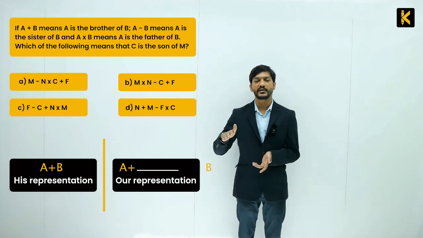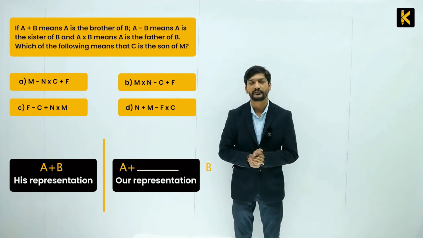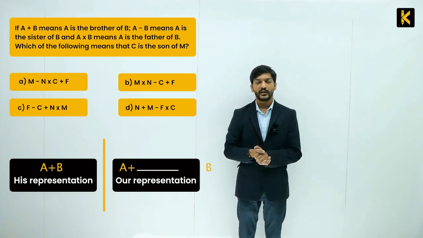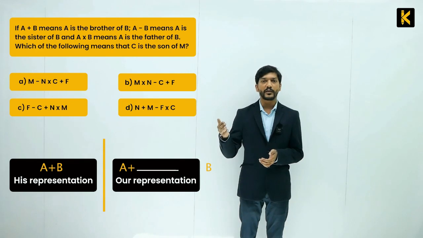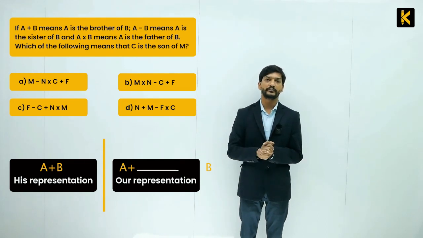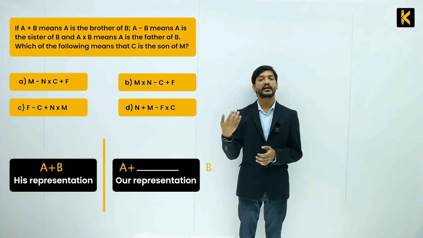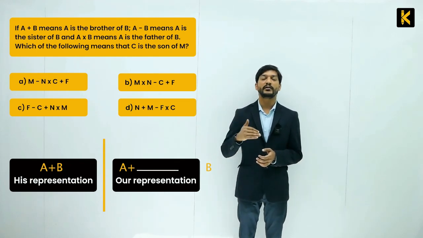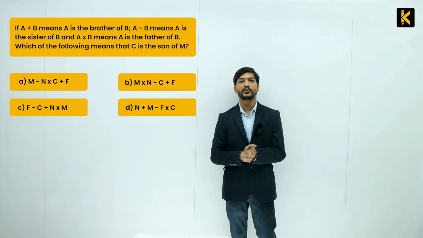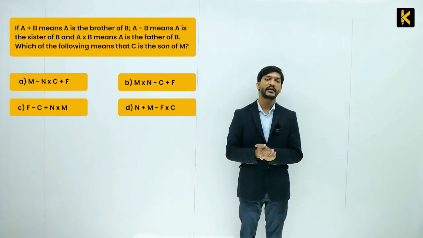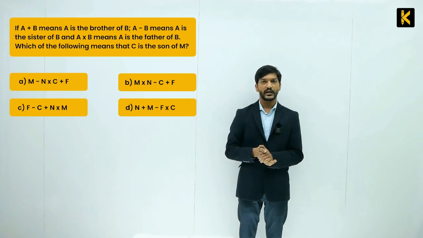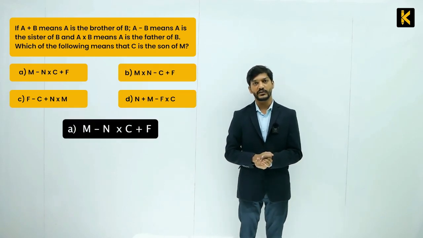Brother and sister are the same generation; father is one generation above. So his diagram will be different from our diagram, but we will convert his diagram into ours, because we already know the meaning of the symbols that person is taking. So let's take option A first.